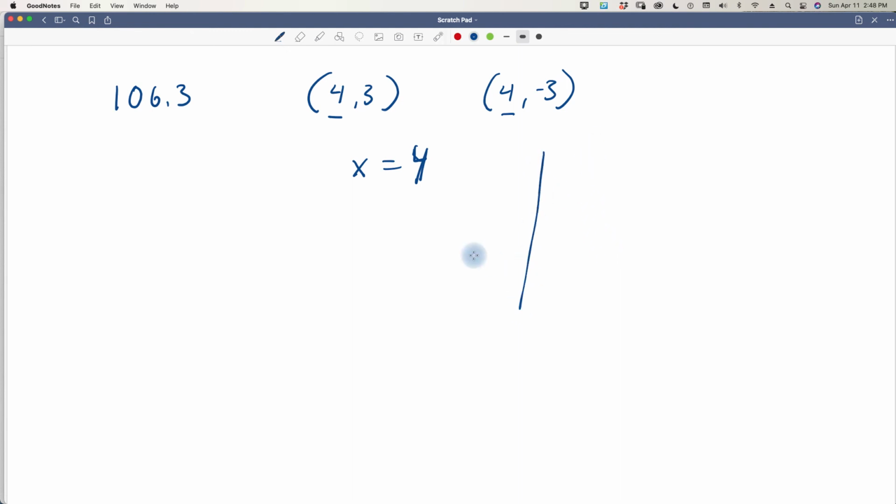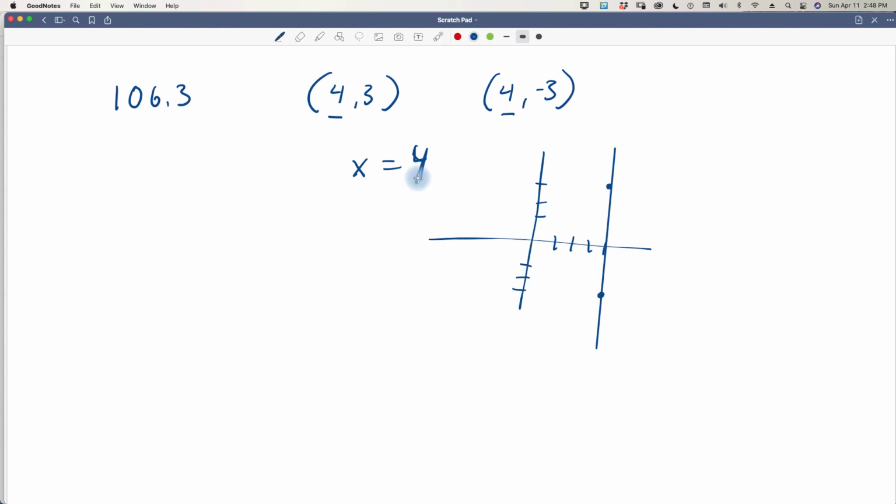Because on our graph, if x is 4 for both y equals -3 and y equals +3, then we have a vertical line. Well, that's not exactly vertical. There we go. That's vertical. So x equals 4.